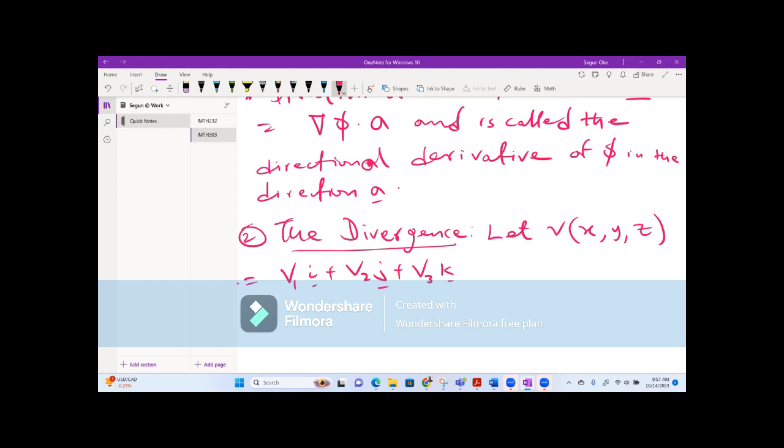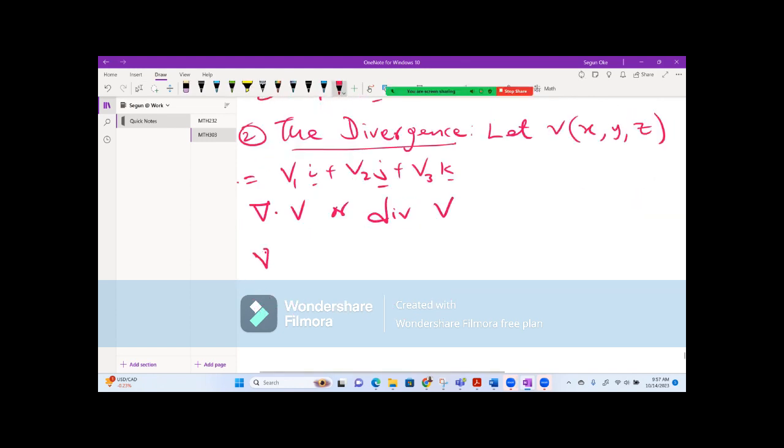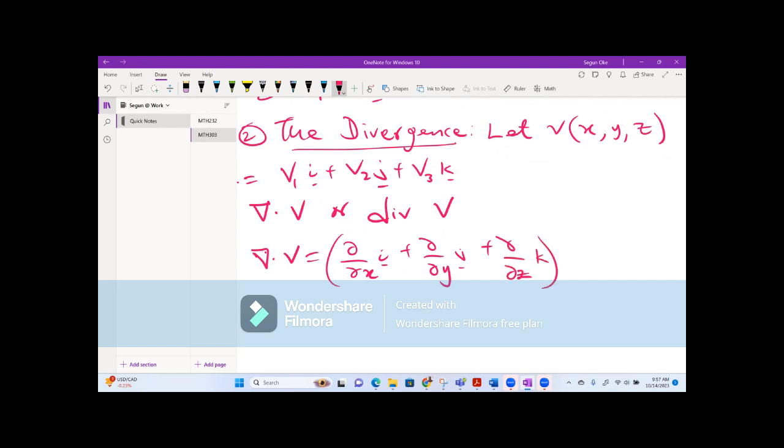Then the divergence of V can be written as div V or del dot V, which equals (d/dx i plus d/dy j plus d/dz k) dot (V1 i plus V2 j plus V3 k).